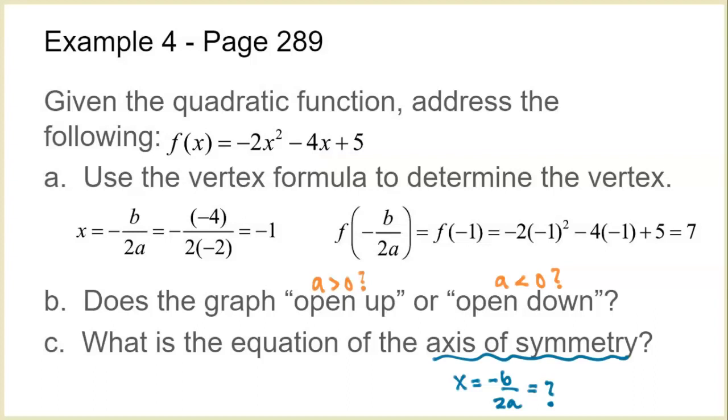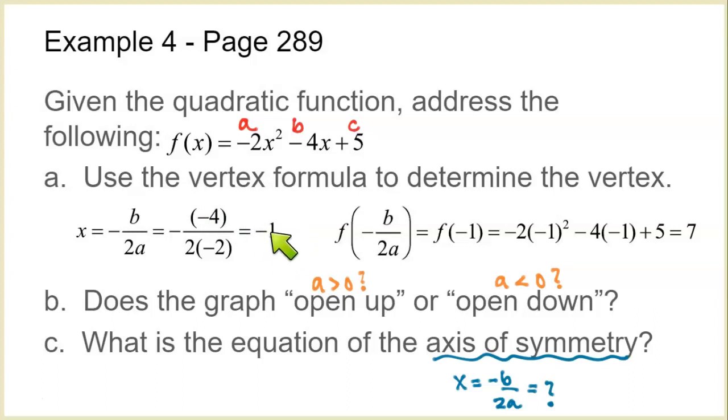In fact, if it helps you, because you may have to do the quadratic formula, I can write a, b, and c. We really don't need the value for c, but we do need a and b. So the value of b is -4, the value of a is -2, and I'm taking the negative of this, and that gives me -1 as the value of x.